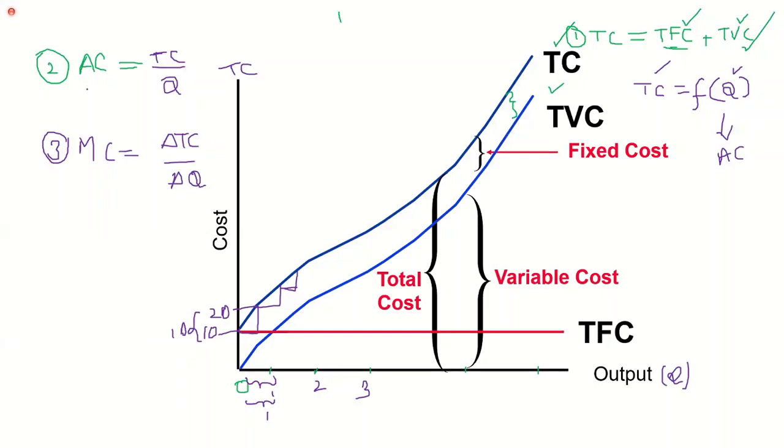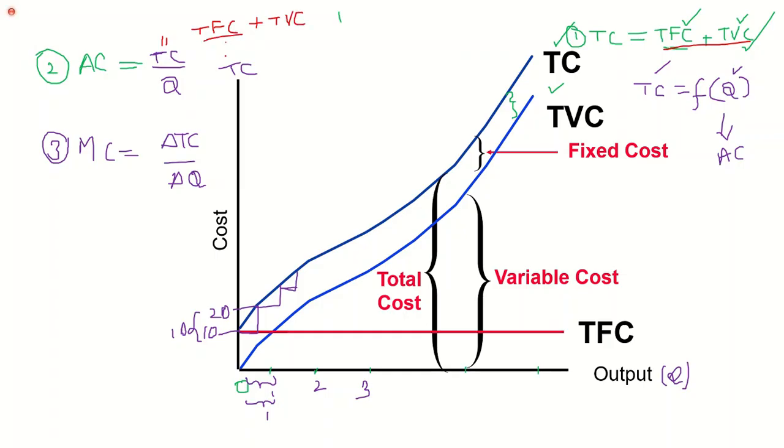if you take average cost, the average total cost, some call it average cost or average total cost. But our total cost is made up of what? Total fixed cost plus total variable cost. Total fixed cost plus total variable cost.